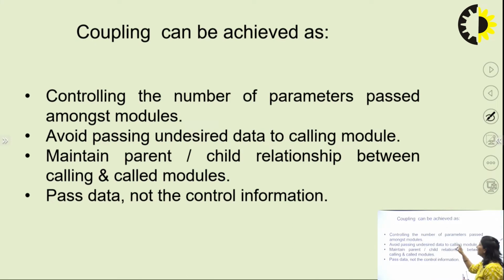So, controlling the number of parameters passed among the modules: how can we achieve good coupling? By controlling the number of parameters passed among the modules. Avoid passing undesired data to the calling module. If that data is not required for that particular module, there is no need to pass it. Maintain a parent-child relationship between the calling and called modules.